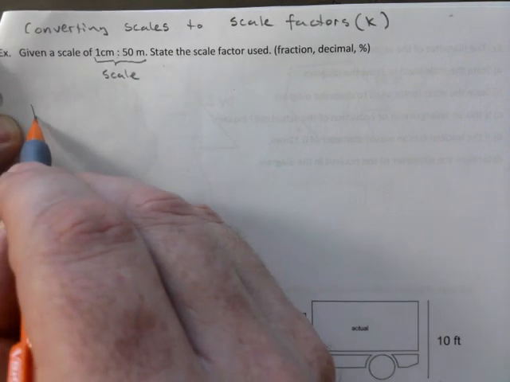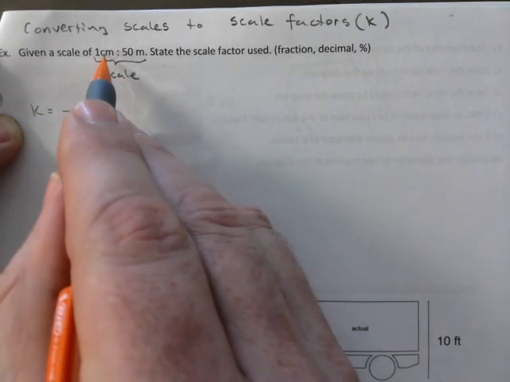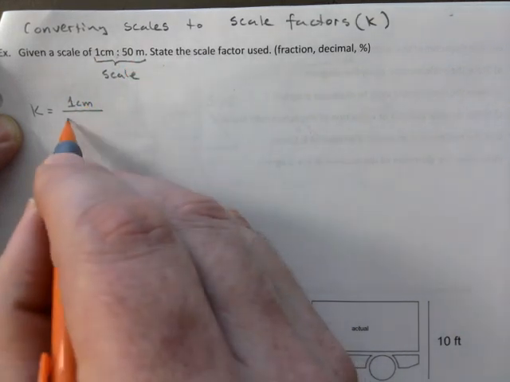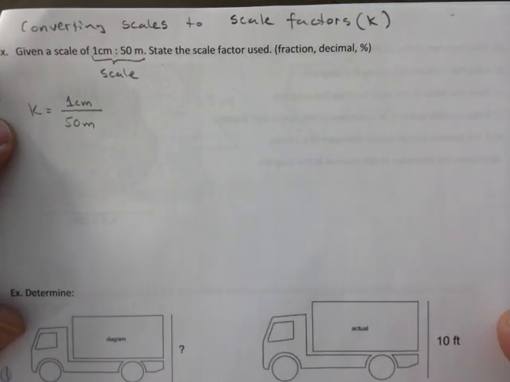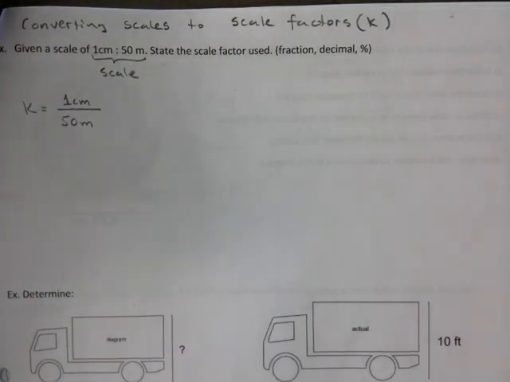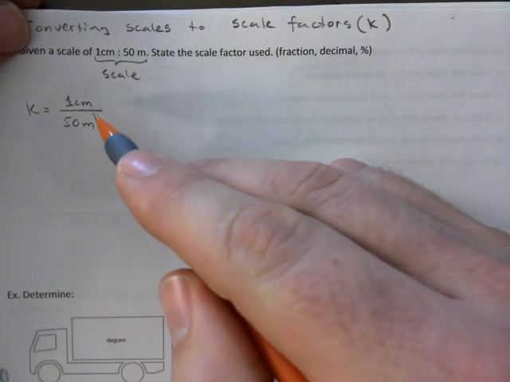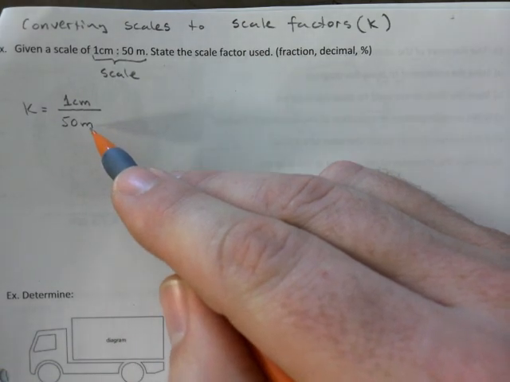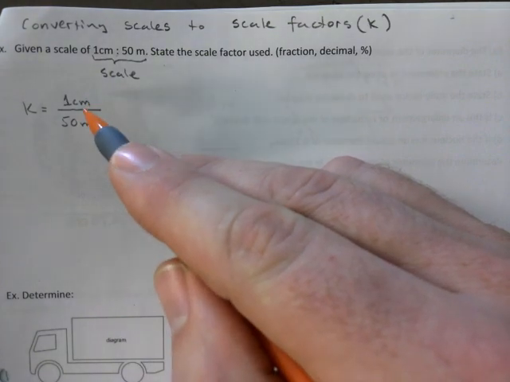And let's go. So we go k is equal to, we just take the scale and write it as a fraction, like that. As it stands, you cannot cancel units, right? So we're going to have to do some converting. Watch what I do. I tend to take the biggest unit and convert it to the smallest. That's what I tend to do.